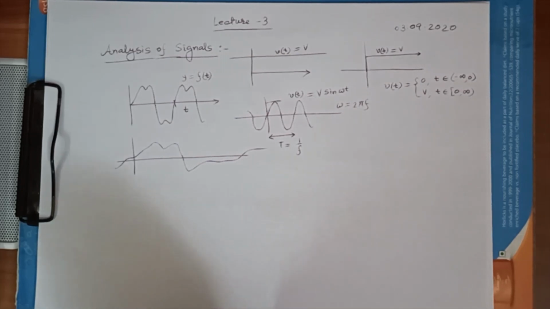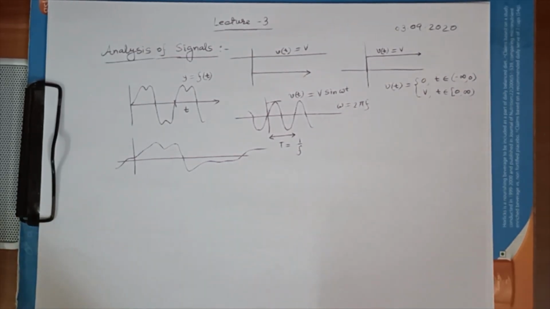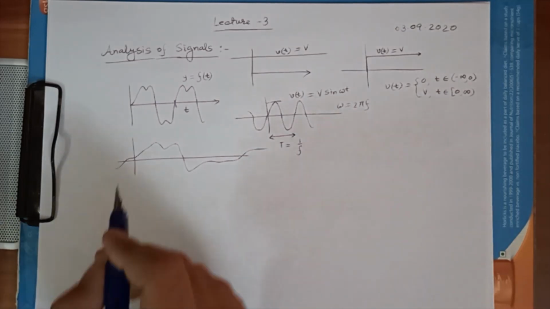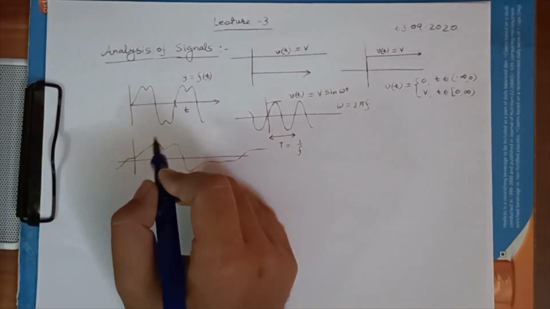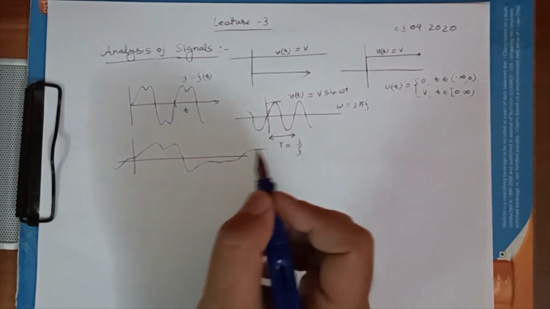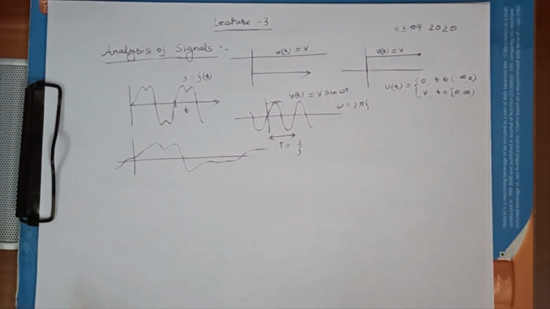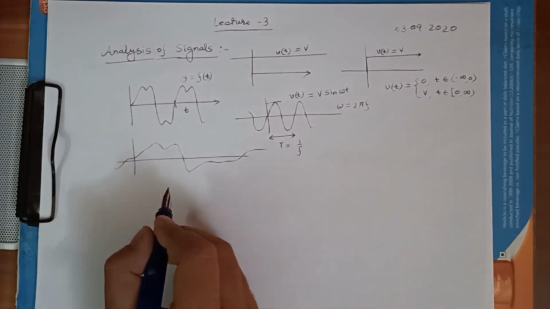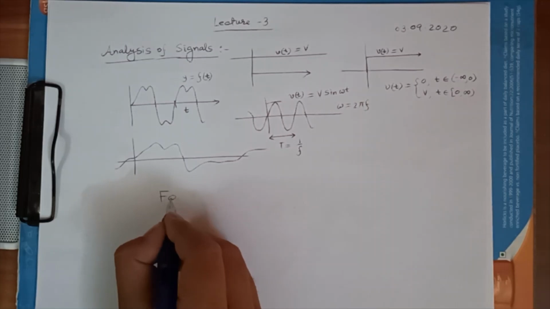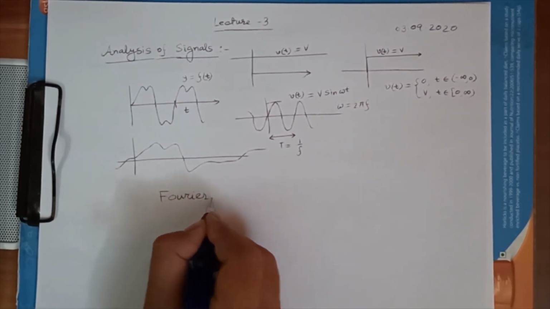So in this lecture 3 we will start introducing something called signal analysis or signal decomposition, by which we can represent some typical signals in a suitable fashion. So that is our first instantiation towards so-called harmonic analysis or Fourier analysis. So this is the new thing we will start today, Fourier analysis.